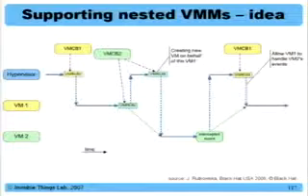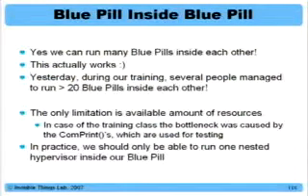It actually sets GIF to 1, which means interrupts are allowed here. However, this does not prevent us from actually running Blue Pill inside another Blue Pill. So we spent a lot of time implementing this support for nested Blue Pills. And yes, we can run nested Blue Pills inside another.